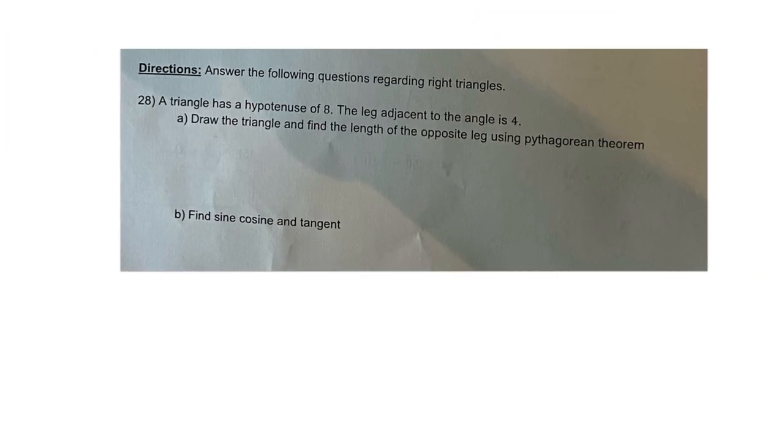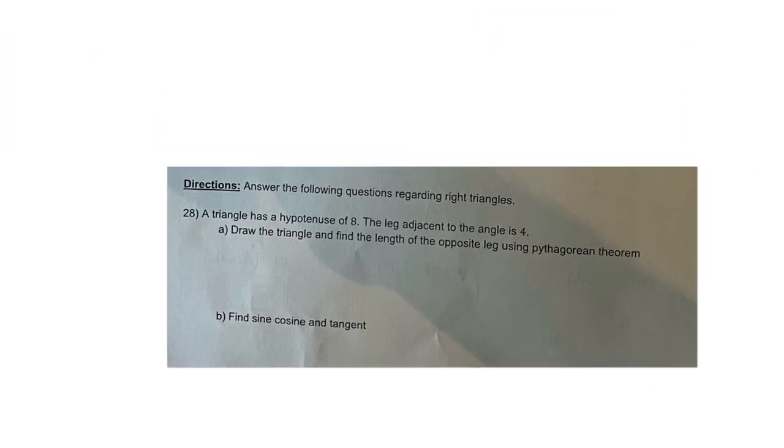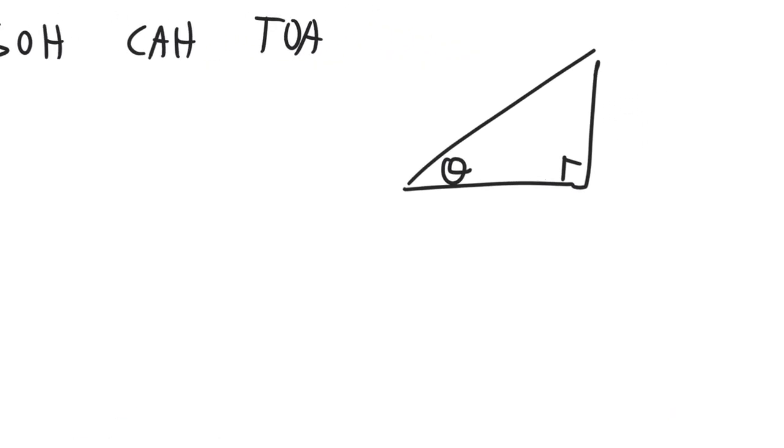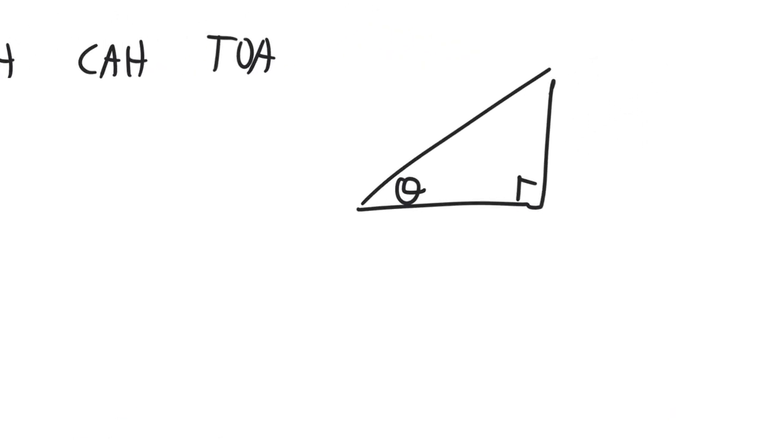Now we're getting into some trigonometry stuff. Let's remind ourselves of SOHCAHTOA. And we have this sort of right triangle where that's a theta. This is the opposite side. This is the adjacent side.